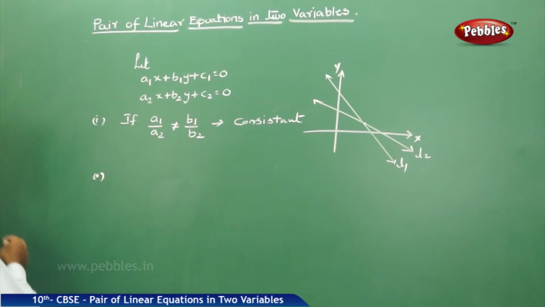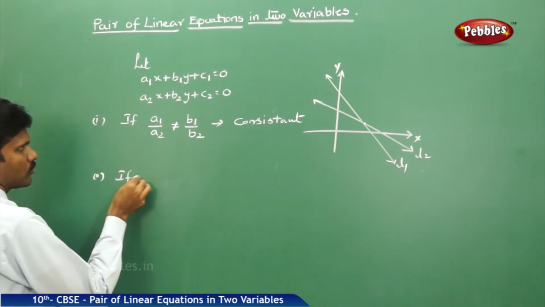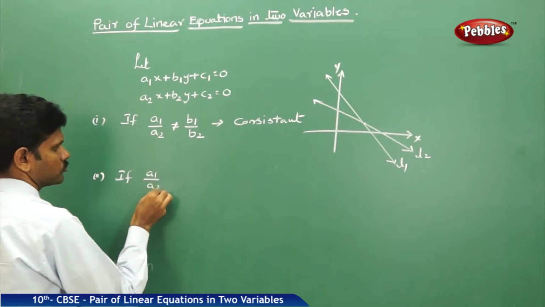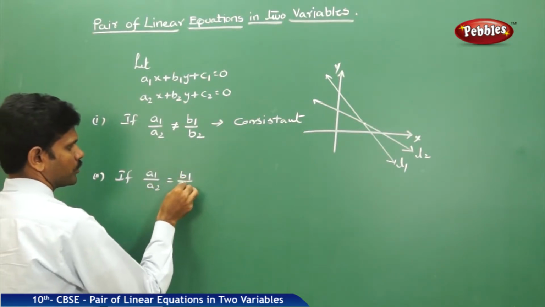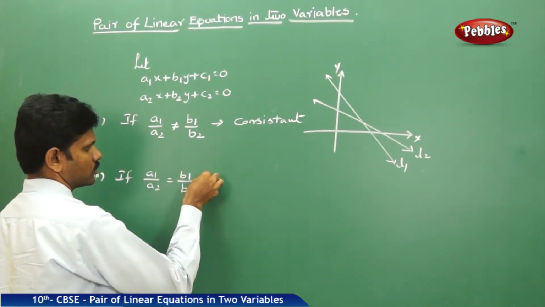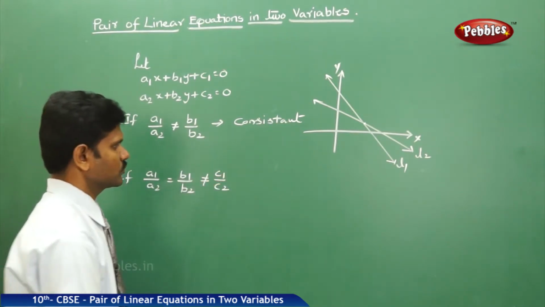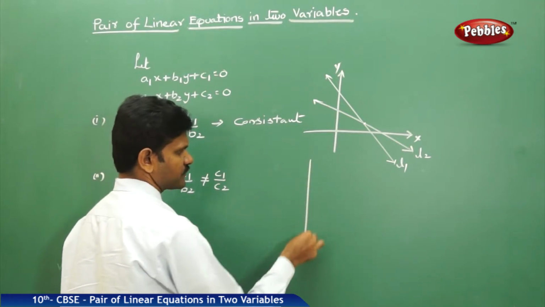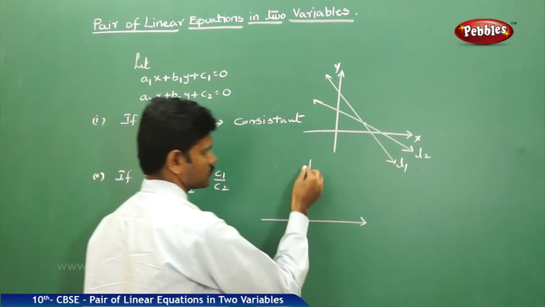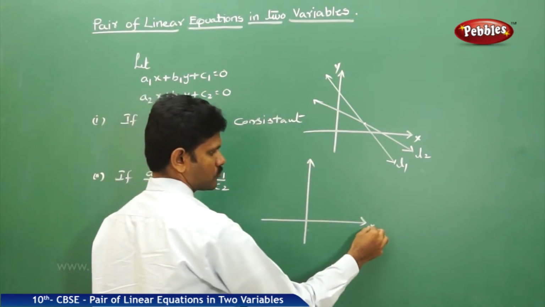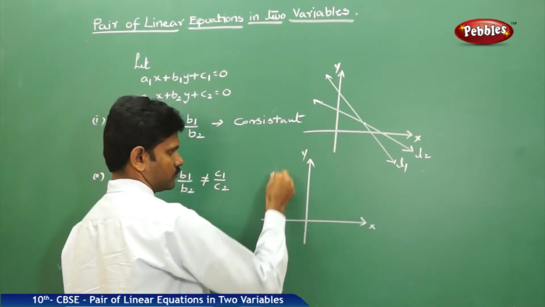Case 2: if a1 by a2 is equal to b1 by b2 is not equal to c1 by c2, then what is the nature of the graphs? Let's see. X, y.